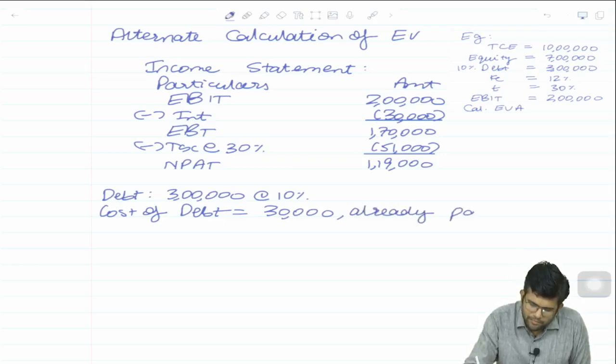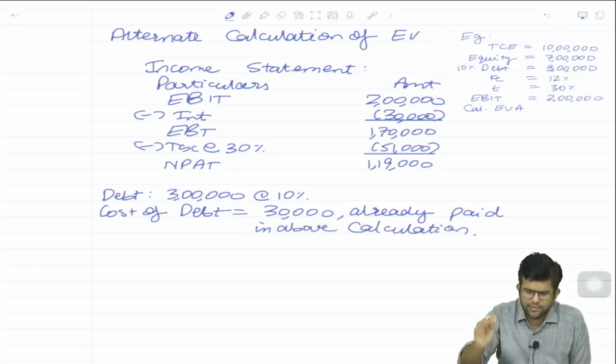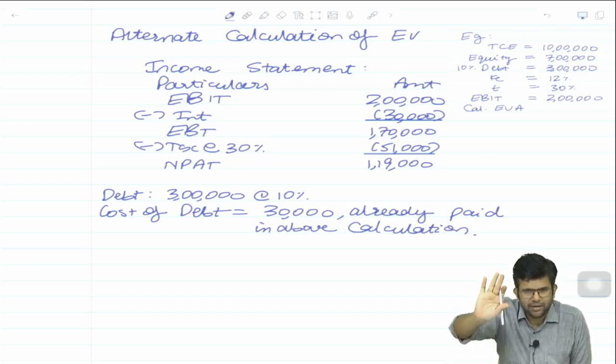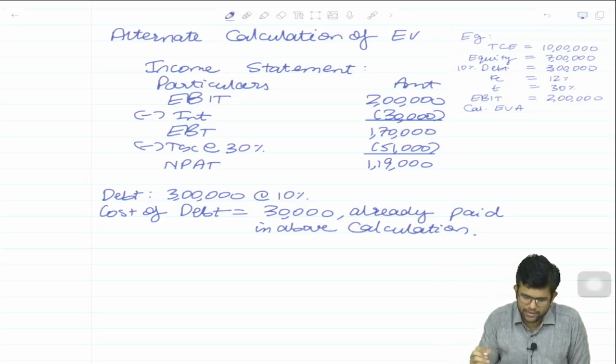Already paid in above calculation. Check please. In the above calculation I already paid, na? So by the time I have reached NPAT, debt cost already taken care. Everybody clear, na? Debt cost already taken care.